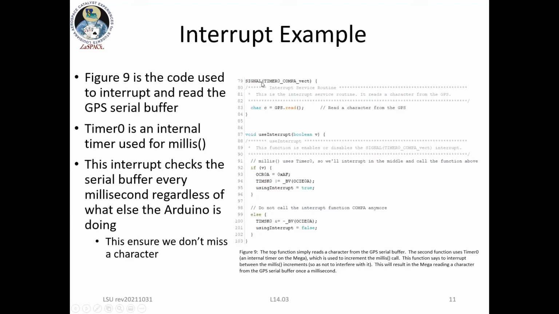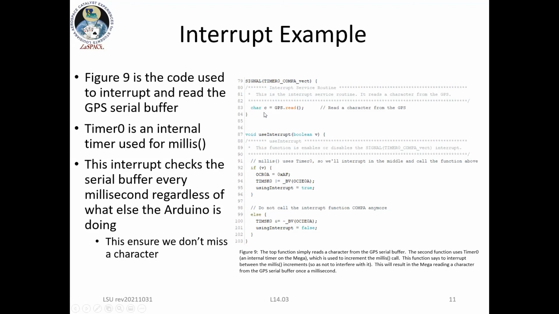The thing inside the parentheses here, timer 0 underscore comp A underscore vect, is the actual signal that triggers this interrupt. Timer 0 is one of those internal timers, and comp A means there's another register that it will compare the value in this timer to, and when they match, this signal will get triggered.